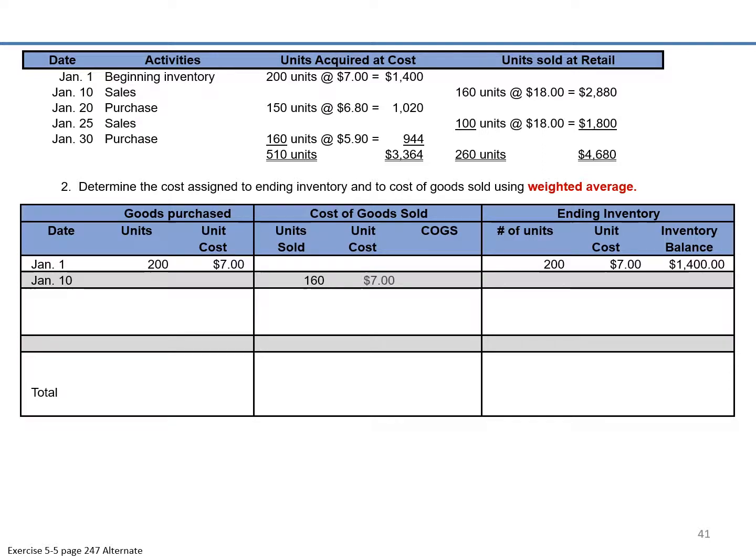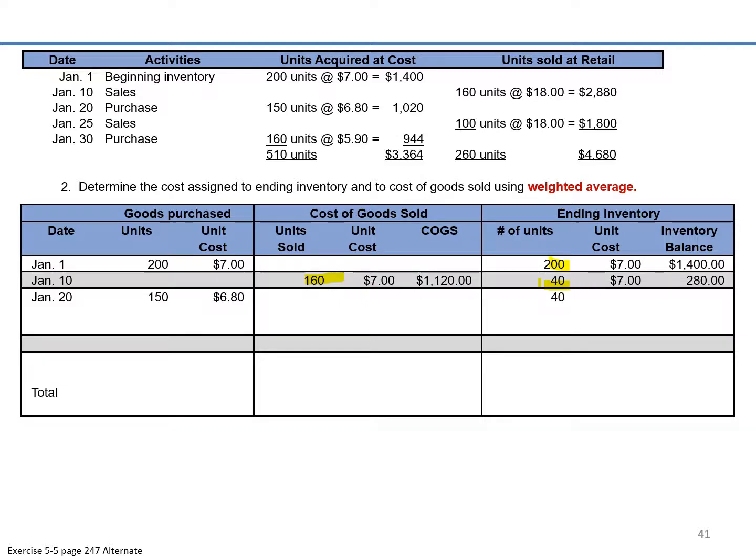So 160 units at our cost of $7 is cost of goods sold of $1,120, which means we have 40 units left. 200 minus 160 is 40 units left in our ending inventory at a cost of $7 each, or a total of $280.